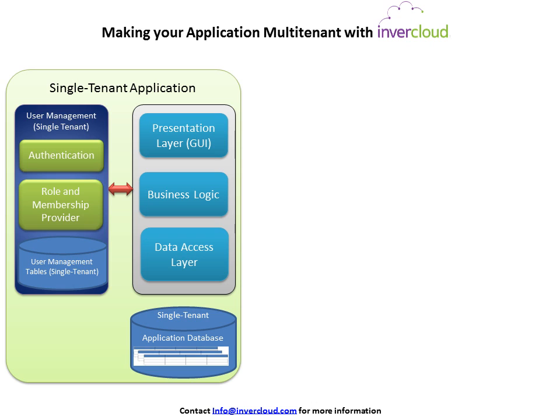So with InverCloud, the first thing we look at is to see if your database has the concept of separate organizations existing within your database structure. If not, it means your application doesn't have the concept of multi-tenancy. So you're going to have to adapt your application database to become multi-tenant aware. To do this, we use a part of our product which is called the InverCloud Database Wizard.